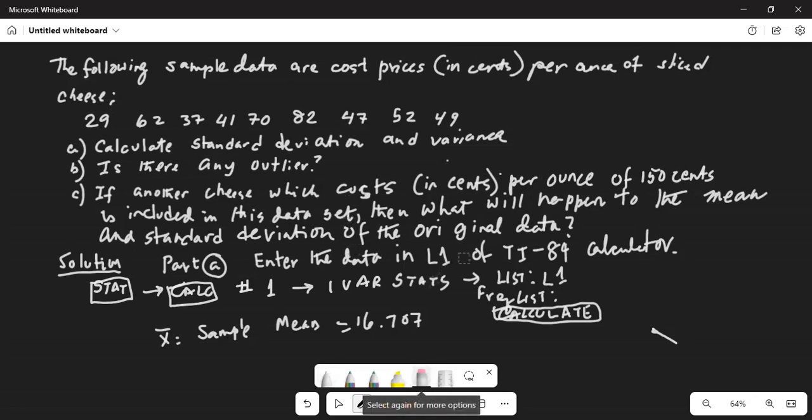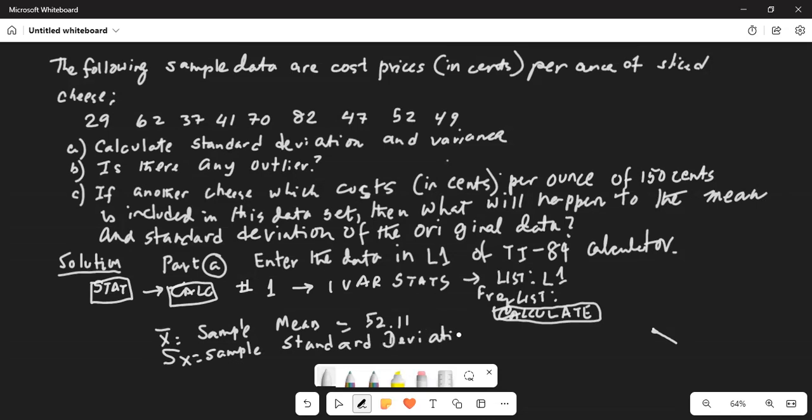Actually, the mean x bar, the sample mean, is equal to 52.11, and Sx, the sample standard deviation, is equal to 16.707.